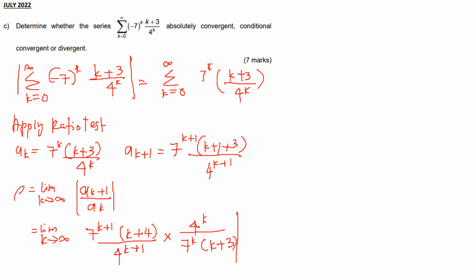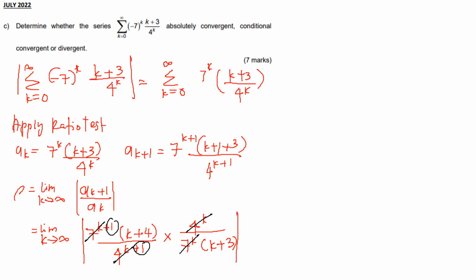Don't forget to put the absolute value. Then you have to simplify this one. 4^k with this 4^k, we still have 4. And then 7^k with 7^k, we still have 7, and then k+3.